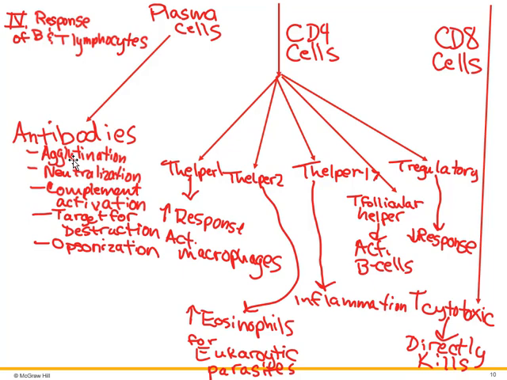You're coating and preparing the microbe or the antigen to be eaten by phagocytes. So it's prepare food to be eaten. That is what opsonization is. That's the Latin word that it comes from, the root. And if you prepare food to be eaten, well, in cells, what is cell eating?